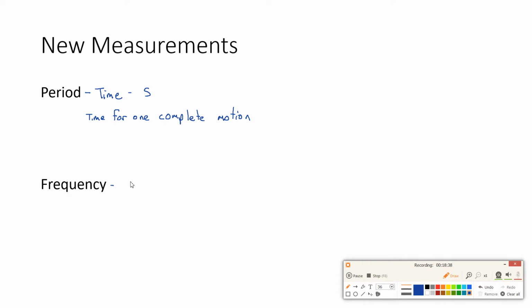Frequency is frequency. And we'll talk about the units here in a second, but one of the things we say is frequency is the inverse of period. We could say that frequency is the number of complete motions per second.